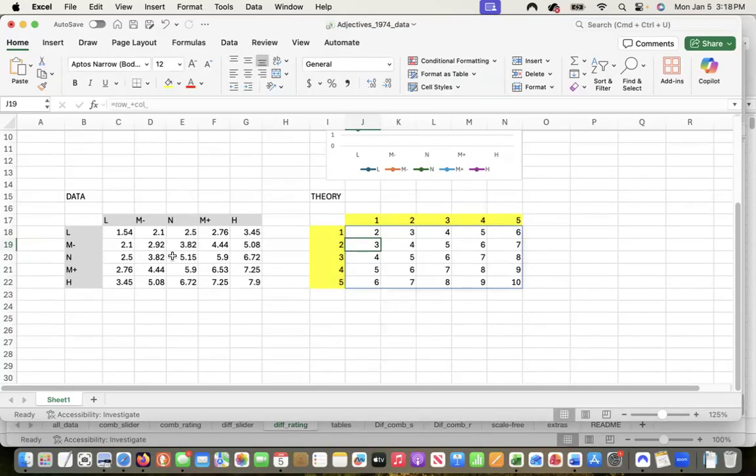Well, it doesn't do so right now, because we know that these data are parallel over here and these data over here have that interaction. So we're going to find now the ranks of the data, and we'll put them here.